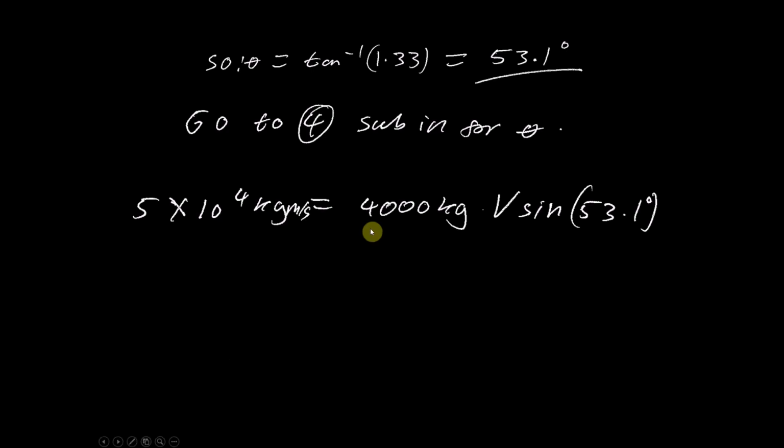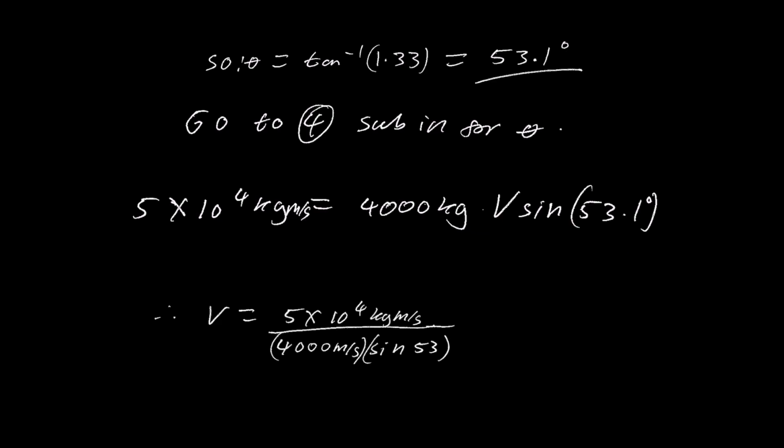So now we have a complete equation. 5 times 10 to the 4 kilogram meters per second will be 4,000 v sine 53. That gives us a velocity of 5 times 10 to the 4 over 4,000 sine 53, which will give us 15.6 meters per second.